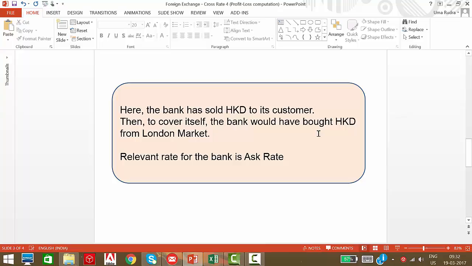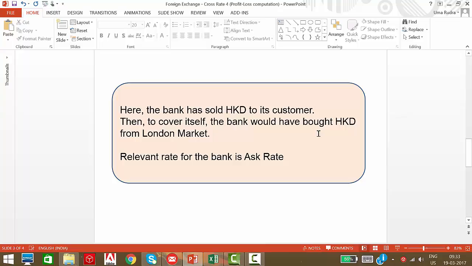So when they are buying HKD, then the relevant rate would be the ask rate. Am I clear? In my earlier video lessons, we have seen that based on the transaction, which rate is relevant and when.